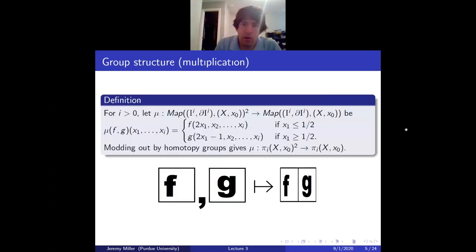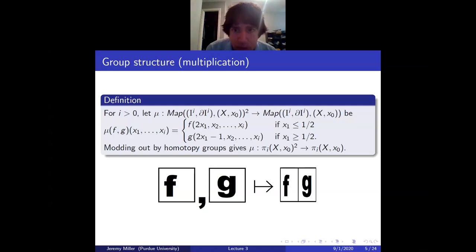Okay, so homotopy groups are groups once i is bigger than 0, and there's a formula. The formula is analogous to the formula for making the fundamental group into a group. You just pick one of the coordinate directions.